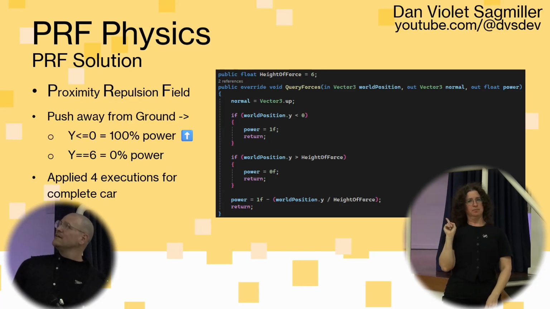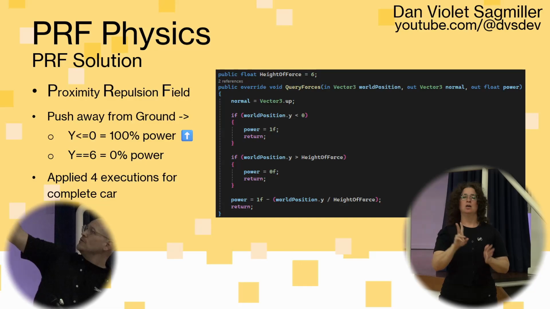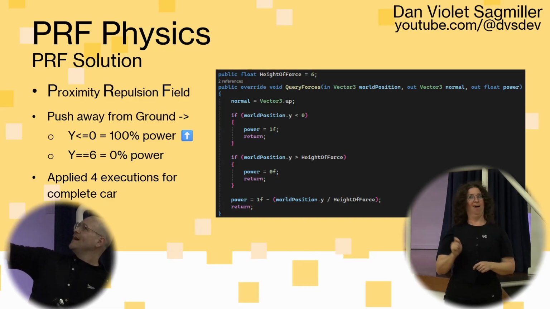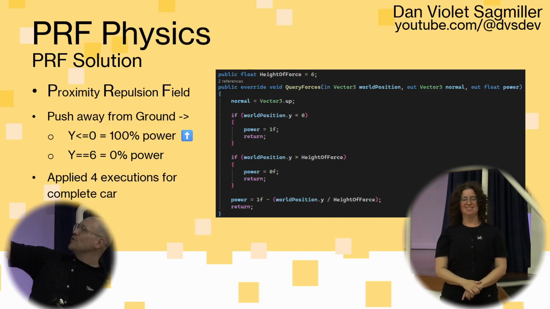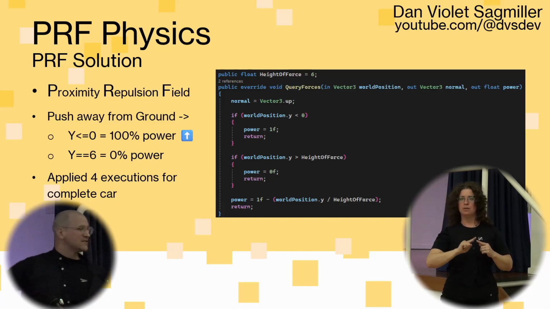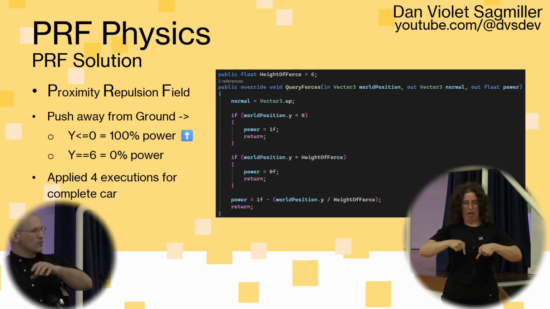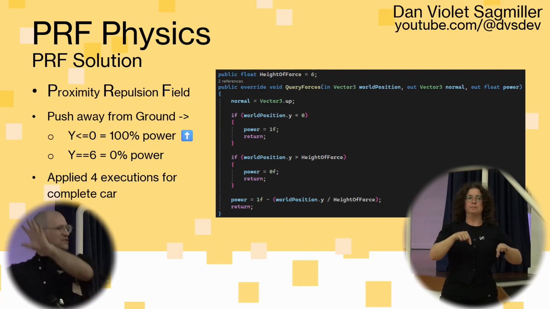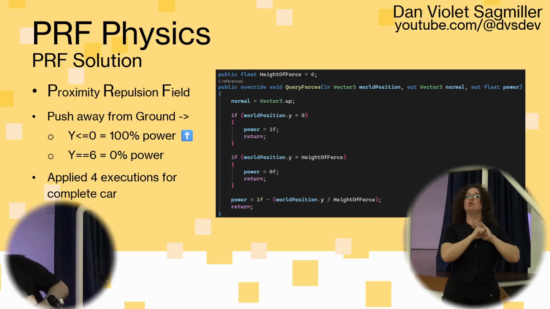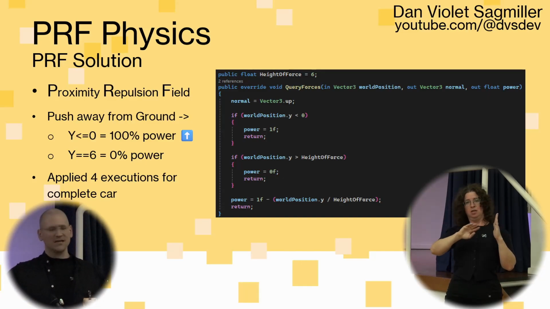All it's returning is an output of a Vector3 normal, just saying what direction it's going, and a power. So it says, for where this corner of the car is right now, what direction is it trying to head, and how much pressure does it need? If I'm really close to a wall, it's going to start pushing me farther away from it. If I'm farther, it's not going to do anything.